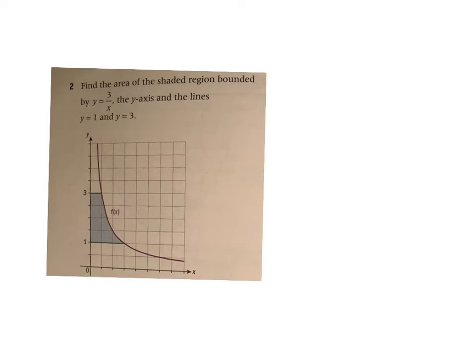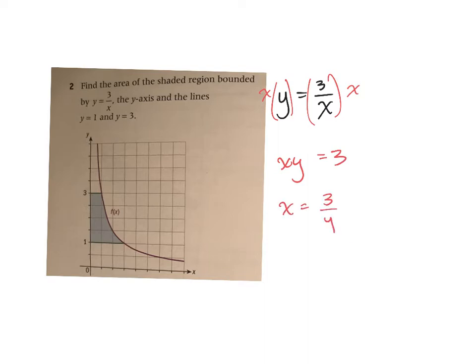So instead of having y equal 3 over x, we're going to solve for x, so we can swap the axes basically. So we're going to multiply both sides by x, and we're going to get xy is equal to 3, and then x is equal to 3 divided by y, which you would get by dividing by y.